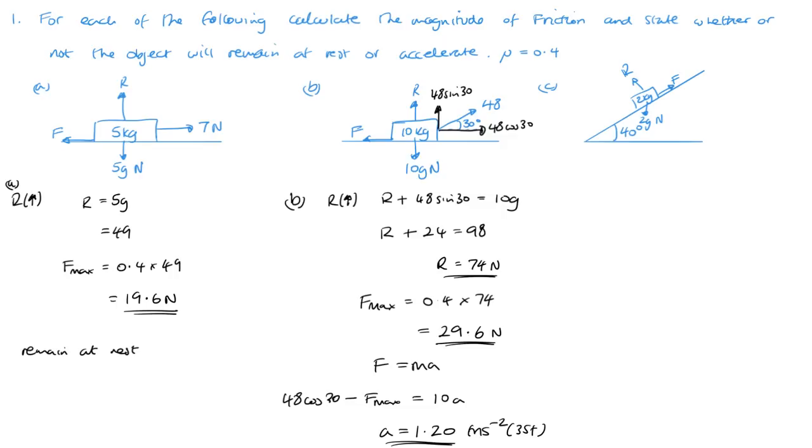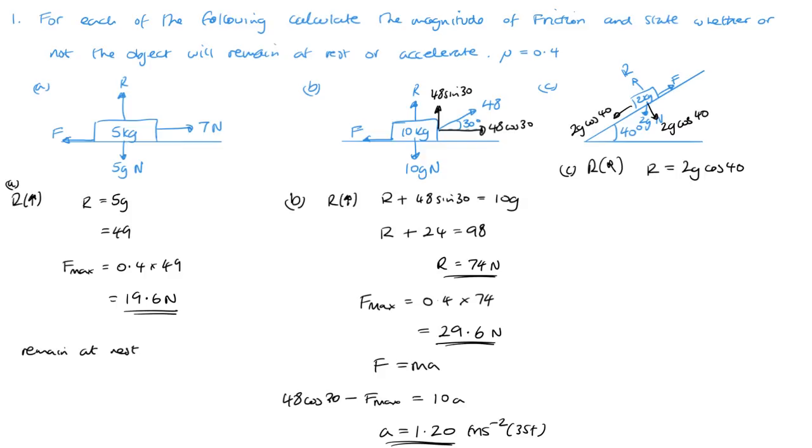Now we're on to part C. If I've got enough room, hopefully I have. So part C. So first of all, let's resolve this force. So 2g cos 40 and 2g cos 40 there. Now resolving perpendicular, we get that R equals 2g cos 40. Okay, F, obviously that's the friction, and that's just parallel with the plane, so that won't do anything.